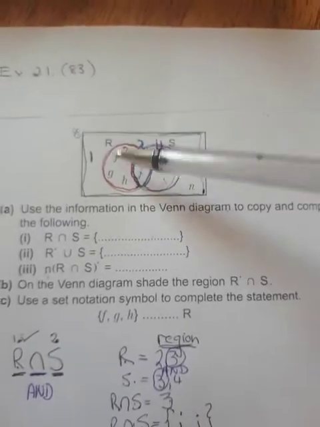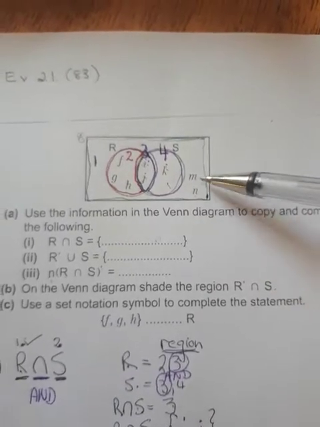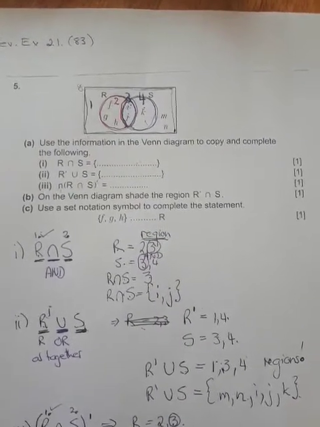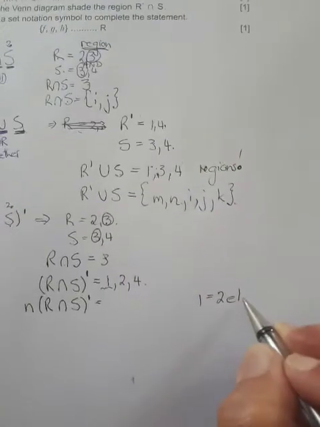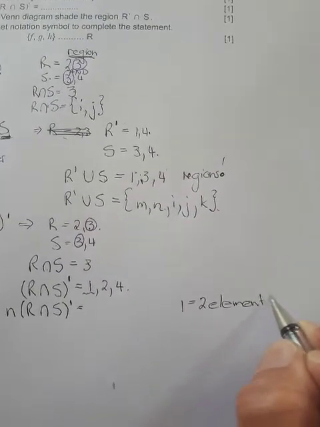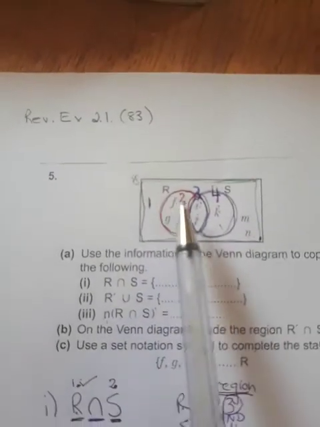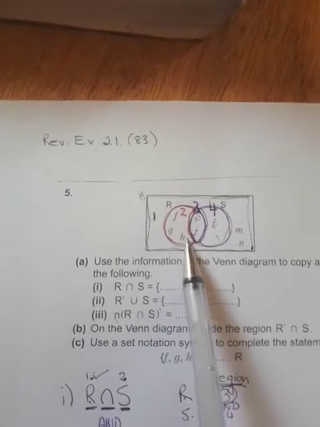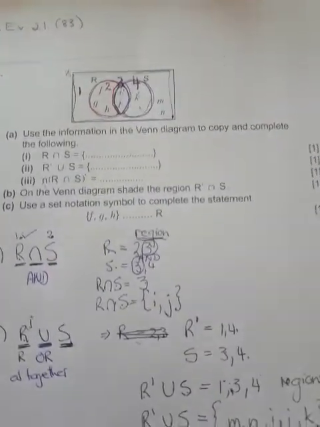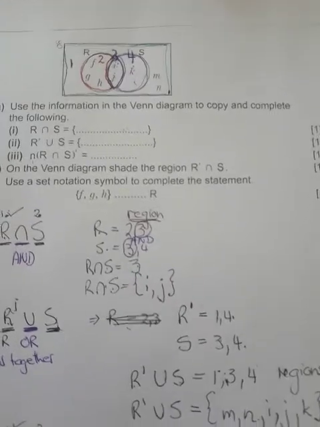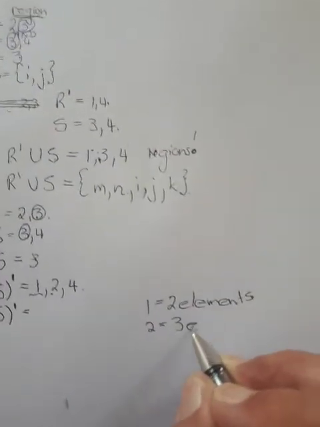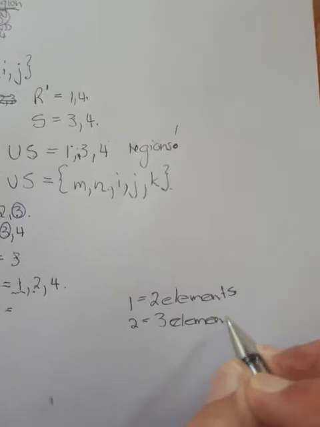I'm going to take this again step by step. In region 1, let's see region 1. We've got 1, 2 elements. Region 1 has 2 elements. Then you must go to region 2. Region 2 has F, G, and H, which means region 2 has 3 elements.